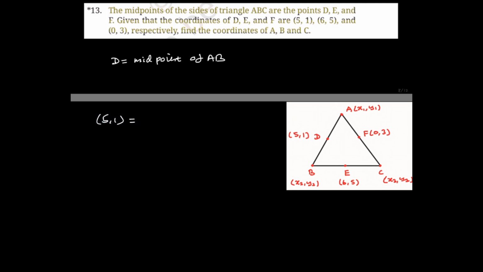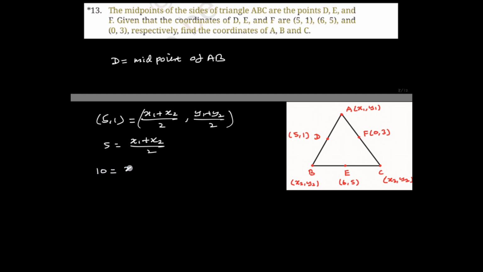The midpoint of AB is: add the x coordinate values and divide by 2, and add the y coordinate values and divide by 2. So (x1 plus x2 by 2, y1 plus y2 by 2). Now we can equate the x coordinate value. So 5 equals x1 plus x2 by 2.